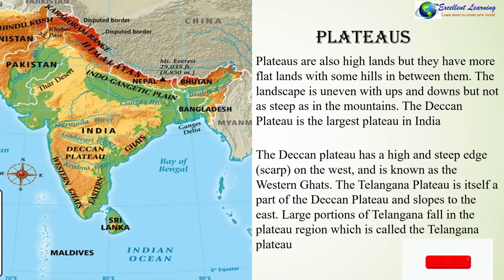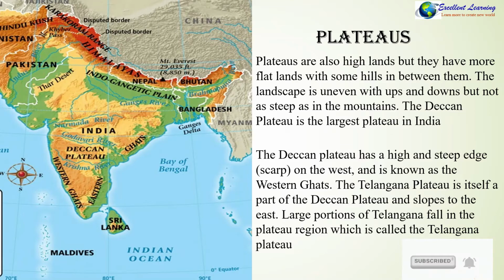Children, let us see the Deccan Plateau. The Deccan Plateau has a high and steep edge on the west and is known as the Western Ghats. The Telangana Plateau is itself a part of the Deccan Plateau and slopes to the east.